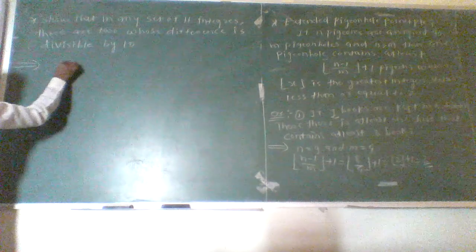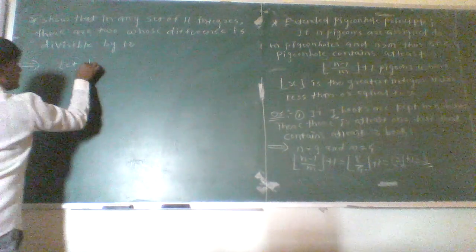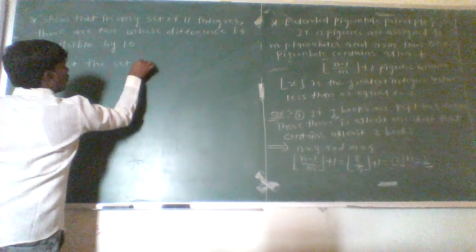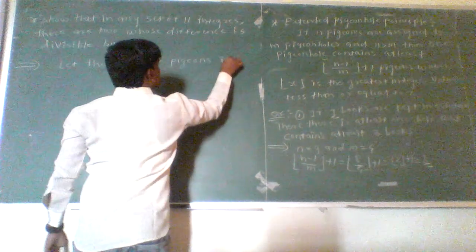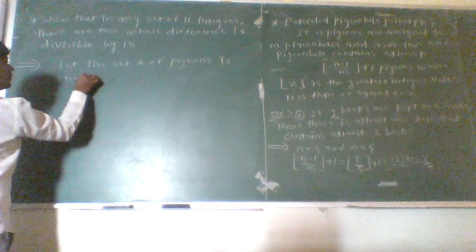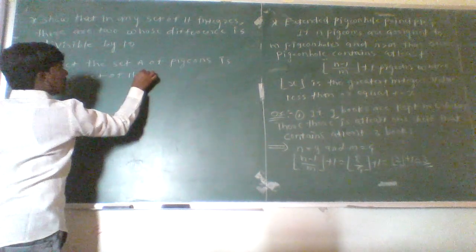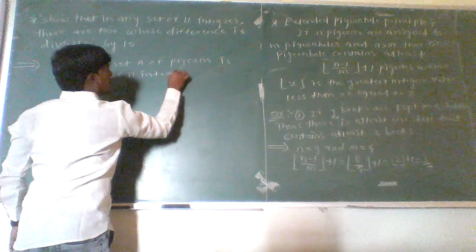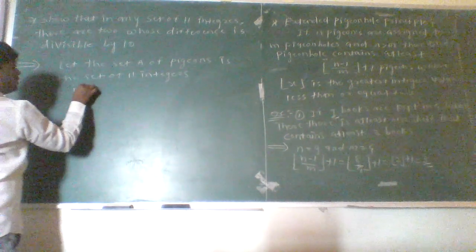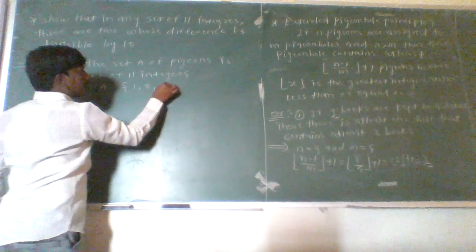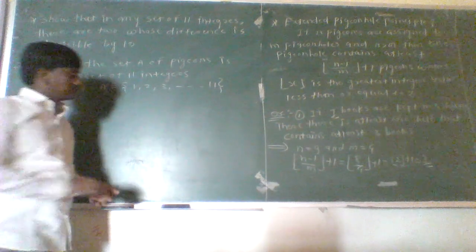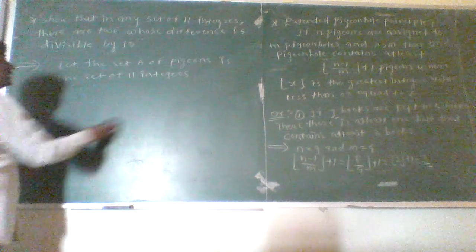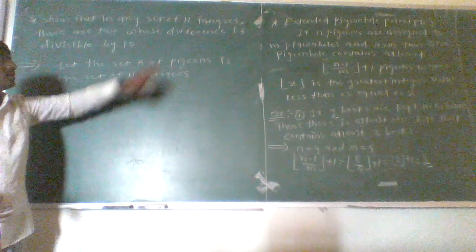Now let the set A of pigeons be the set of 11 integers. That is, the set A contains the integers 1, 2, 3 and so on up to 11, which we have taken as a particular set. Here we can take any 11 integers in the set A, which can be considered as pigeons.